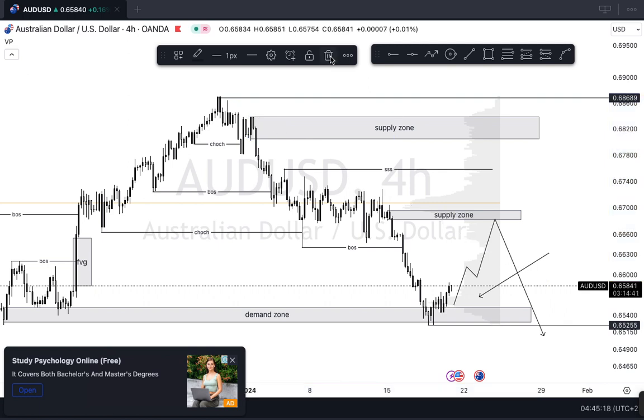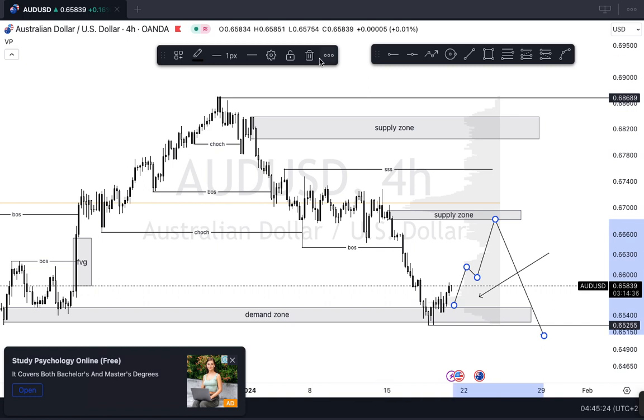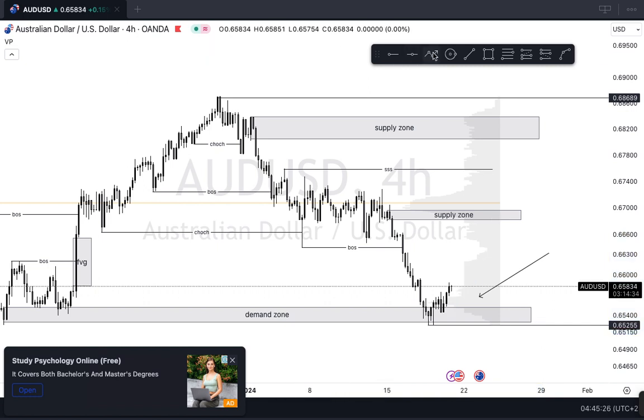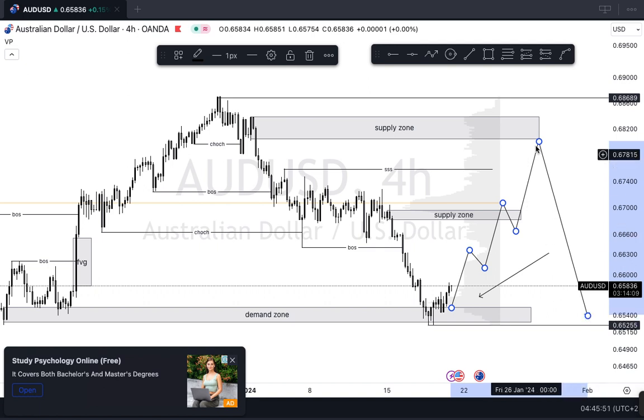But this can also happen. So just monitor the area, because we are always targeting the extreme supply zone. The market takes out the first supply zone and goes for the extreme supply zone, and from there, that's where we can start pushing to the downside.